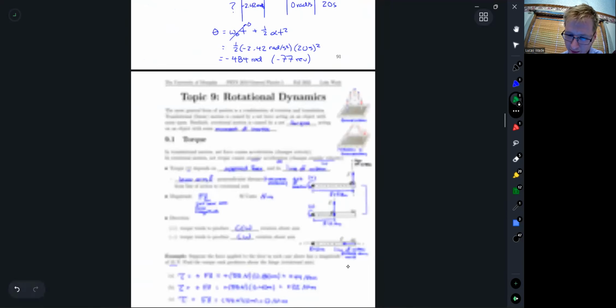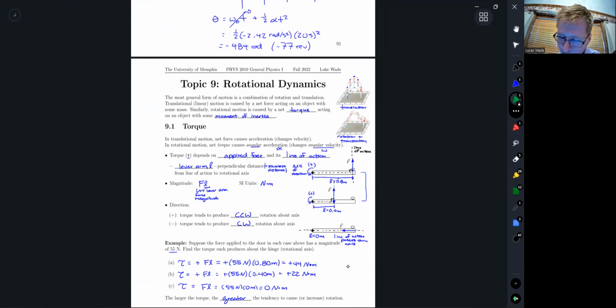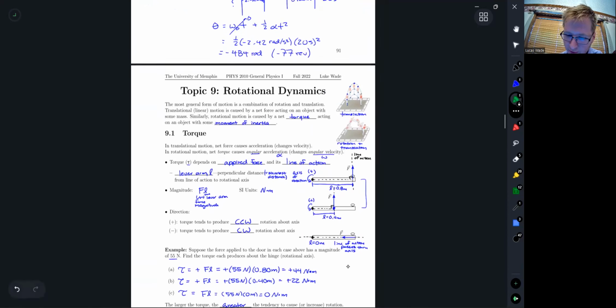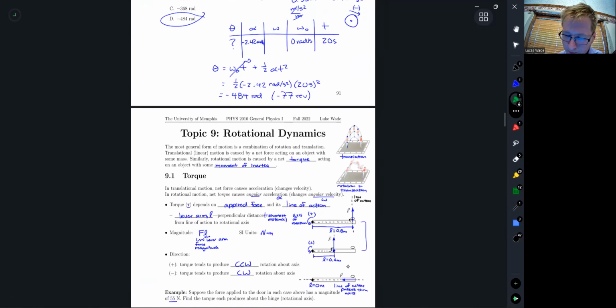Okay, so that's topic 8. Are there any questions on that before I move into rotational dynamics? Well, I have a question, but it's not on the notes. It's about the practice exam. Okay, so like last time, I'm going to wait till we get through the whole little review, and then we'll just do as many practice problems as y'all want to do.